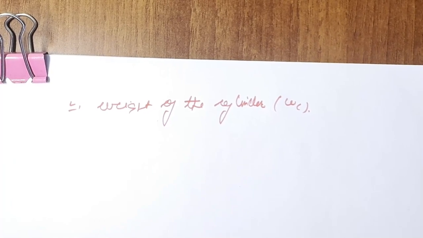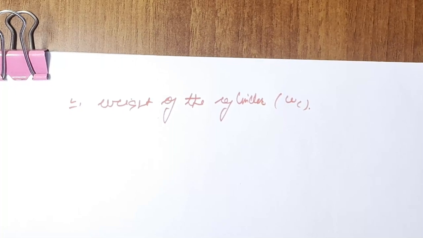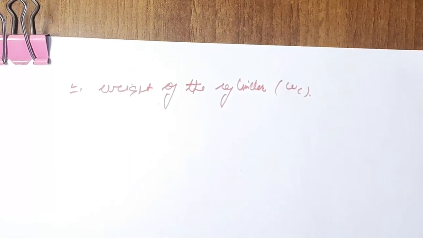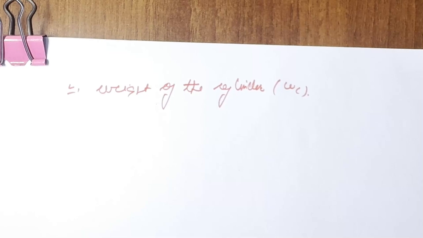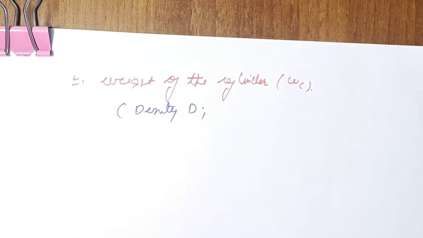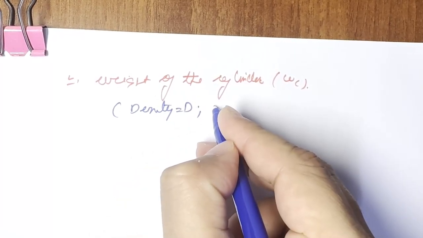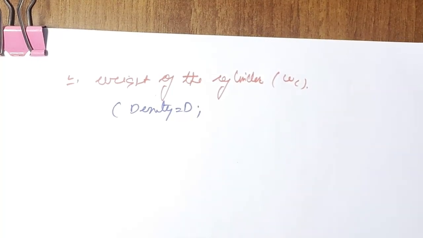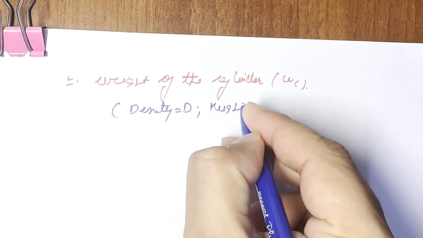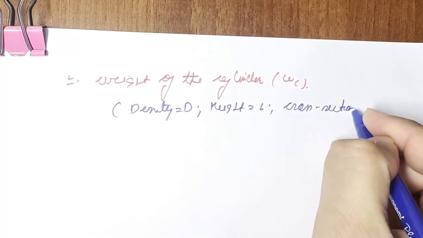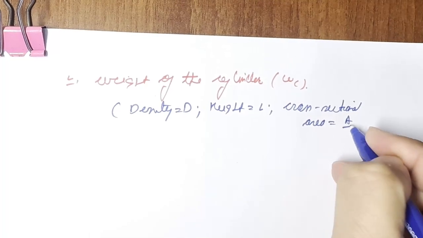For the cylinder, its density is given as capital D, its height or length is given as capital L, and its cross-sectional area is given as A by 5.